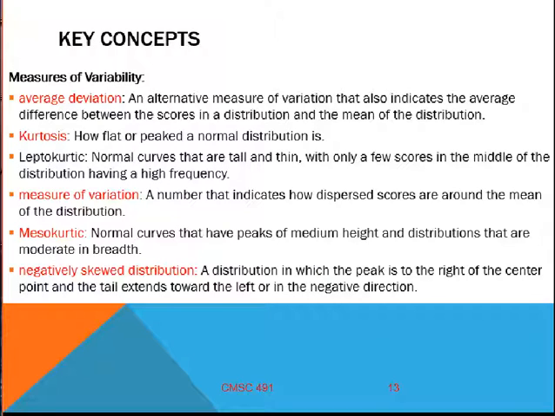So let's look at measures of variation. We have the average deviation, and that represents the average distance of all scores from the mean of the distribution. It's used only with interval and ratio data, and it's a measure of variation that uses all the scores.